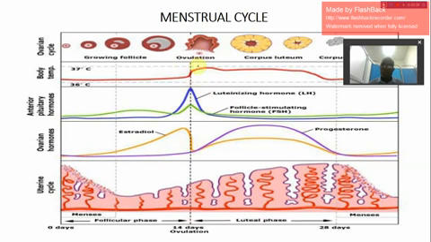On the 14th day after menstruation, a follicle is released into the fallopian tube, and a spermatozoa has to be released to meet the egg in the ampulla.